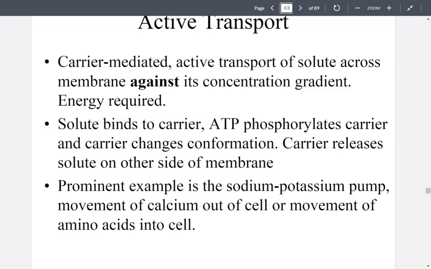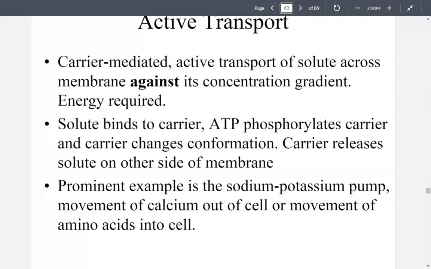Most of the time, these carrier-mediated proteins are going to move these molecules against the gradient, against the concentration. So they're going to tend to move from low to high. Again, not always, but most of the time. One of the most common examples of a carrier-mediated active transport system is the sodium-potassium pump. The sodium-potassium pump is seen in the nervous system as well as the cardiovascular system and in other places.